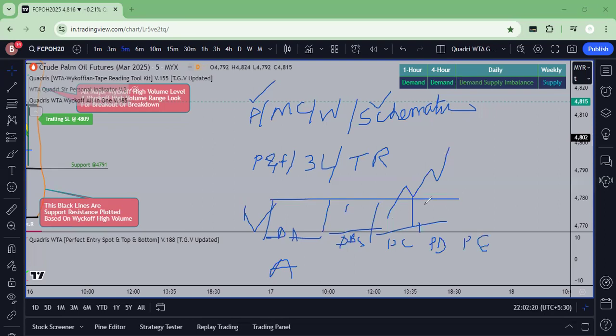And there is the last LPS, last point of support, or you can say last point of supply.